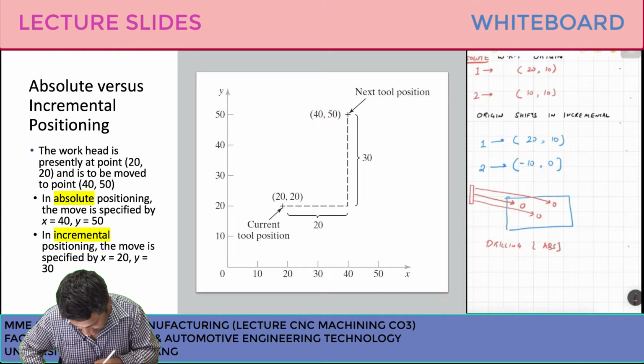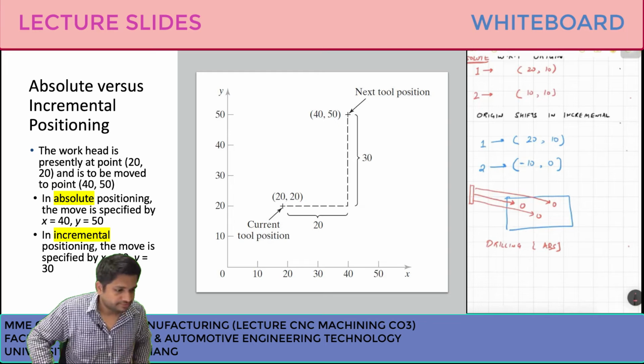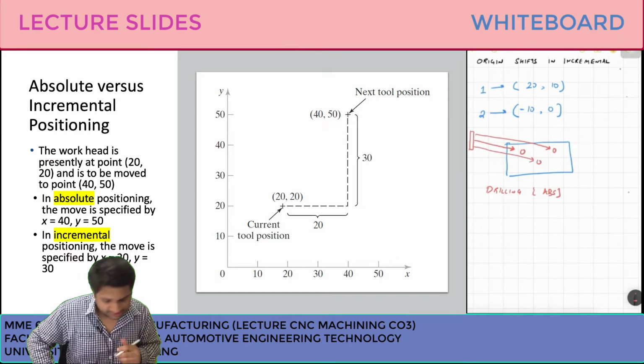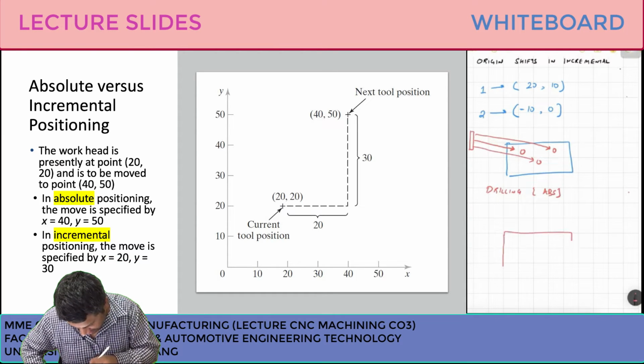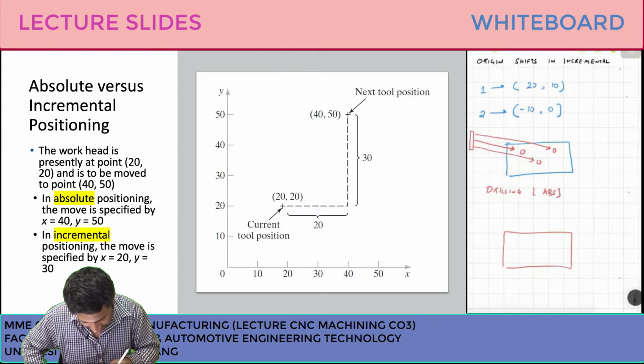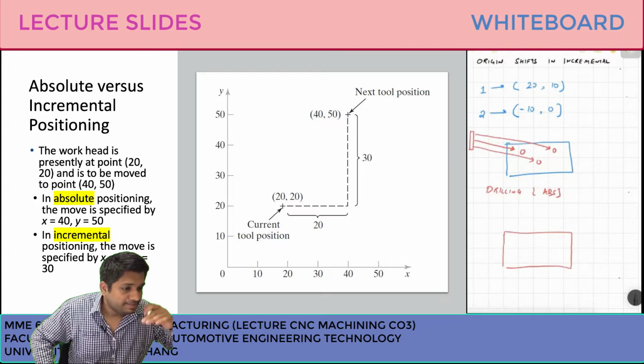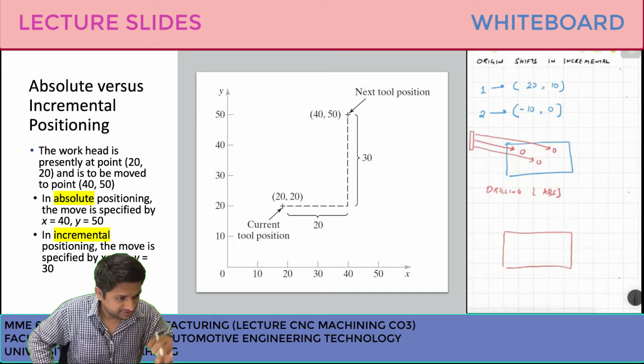So for drilling operations, the absolute system is good. But for milling operations, let's say this is my plate and I want to mill the periphery or the outer surface.